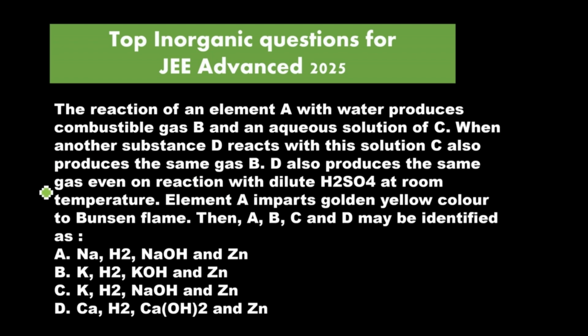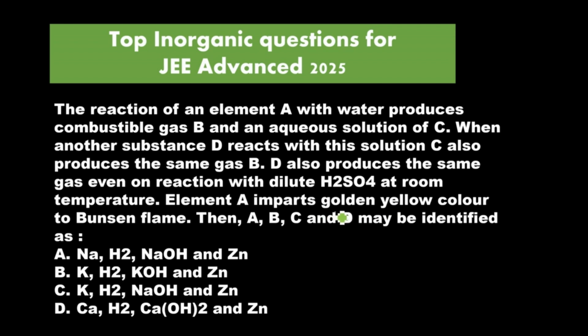Then this type of questions you can expect, given the reactions. The reaction of an element A with water produces combustible gas B and an aqueous solution of C. When another substance D reacts with this solution C, it also produces the same gas as B. D also produces the same gas even on reaction with dilute H2SO4 at room temperature.